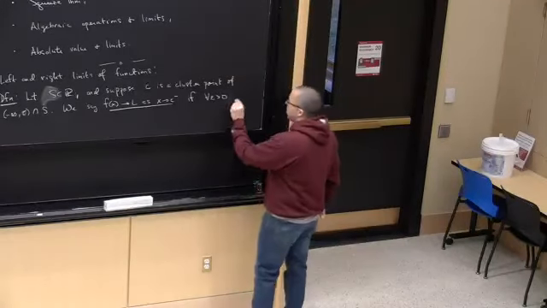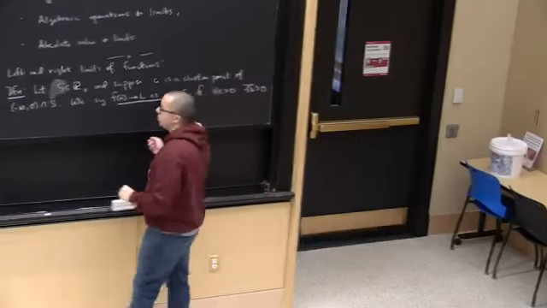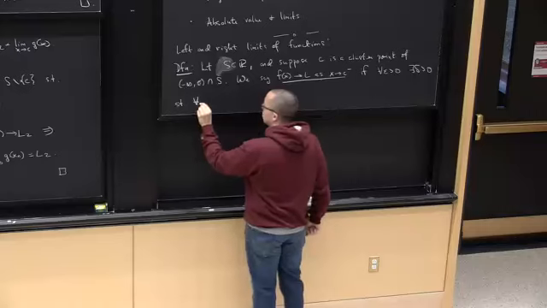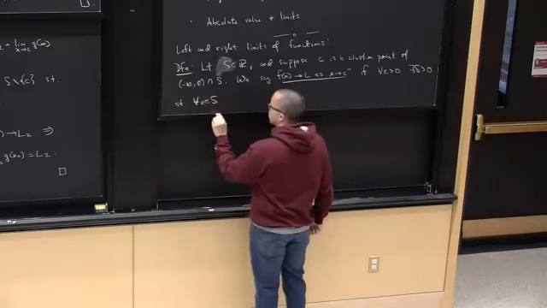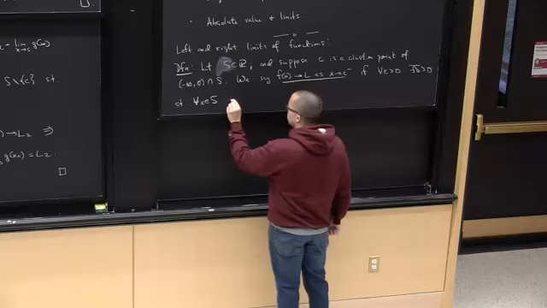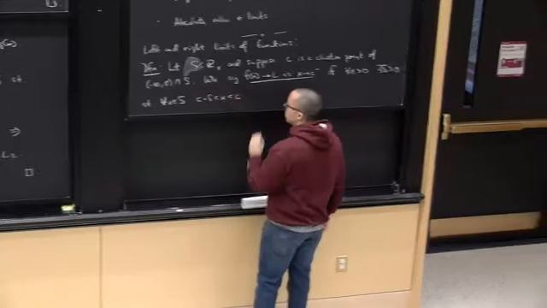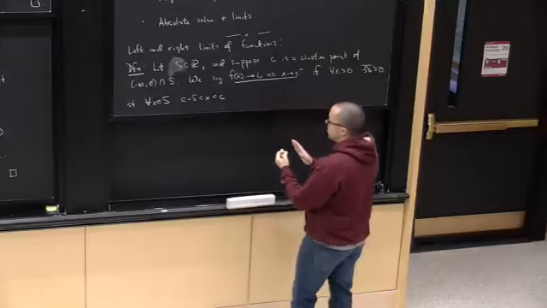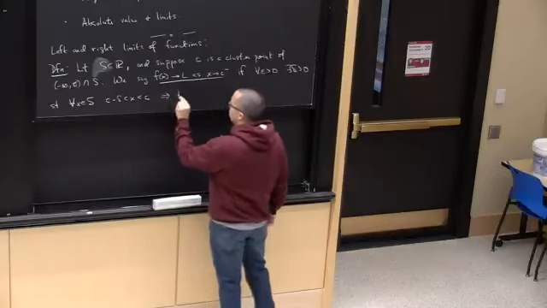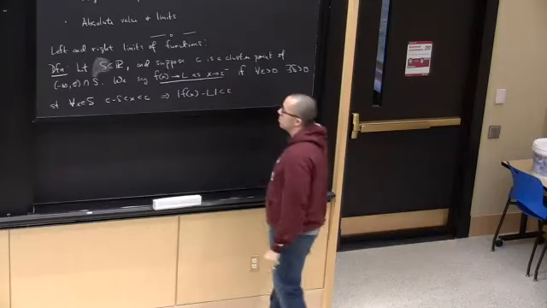If for all epsilon positive, there exists a delta positive such that for all x in S satisfying c minus delta is less than x is less than c, so it's close to c but to the left of c, we have that the absolute value of f of x minus L is less than epsilon.